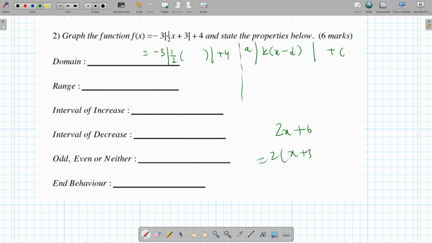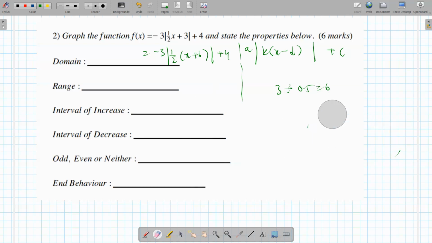Just divide this over this. Like if you're taking 0.1x plus 10, just divide 10 over 0.1, so you'll get x plus 100. Same thing here. You want to divide 3 by 1/2, which is a half. 3 divided by a half is 6. That's why you get x plus 6 in there. So you divide it to get it out of the bracket? Yes.